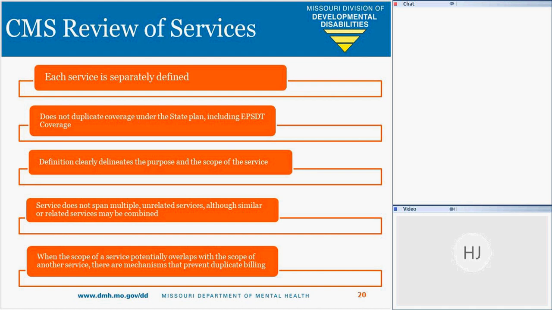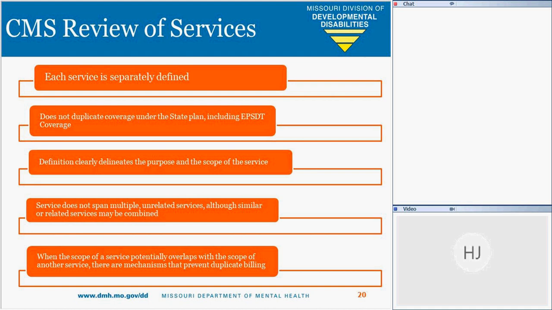So CMS looks at our waivers for review and approval. They make sure that each service is defined separately, that we're not duplicating any coverage under the state plan, and that EPSDT coverage. We receive that question a lot: how are you not duplicating the EPSDT requirement?